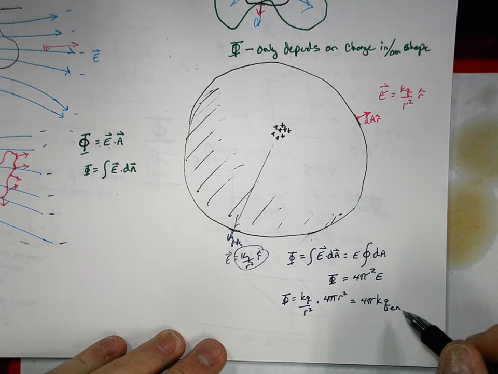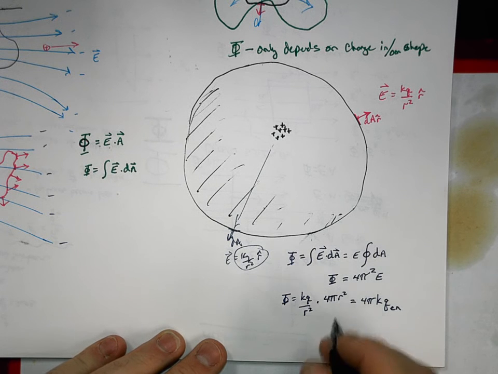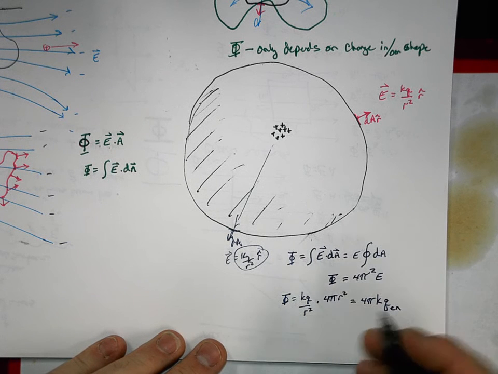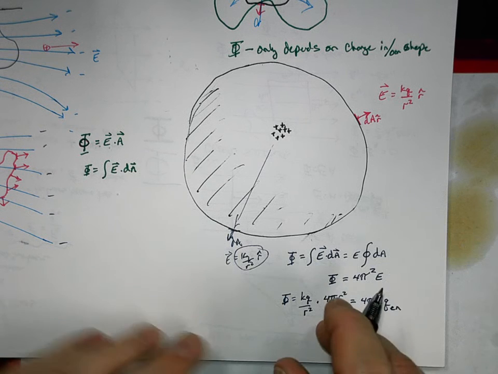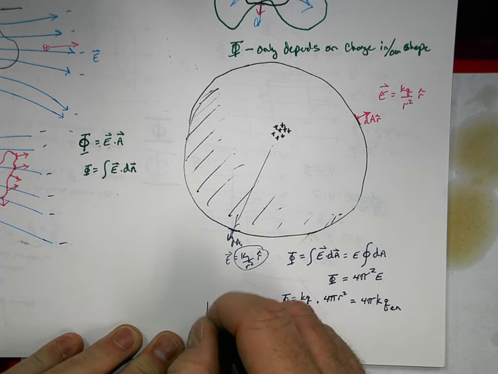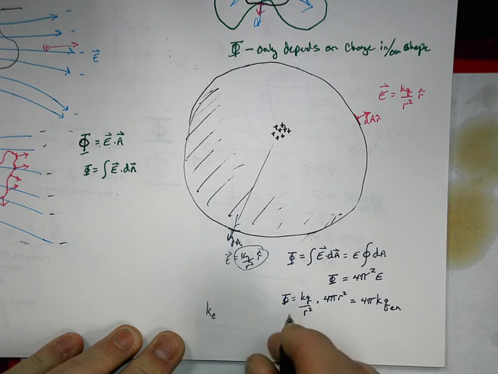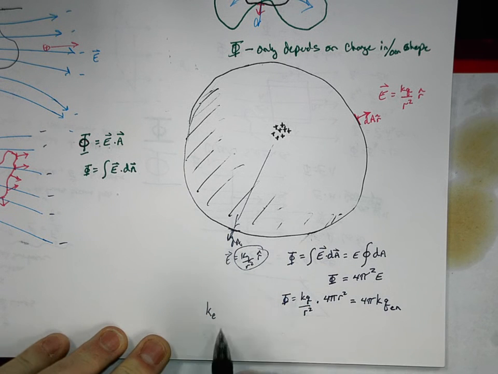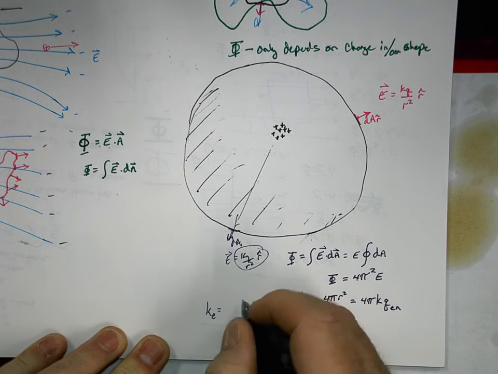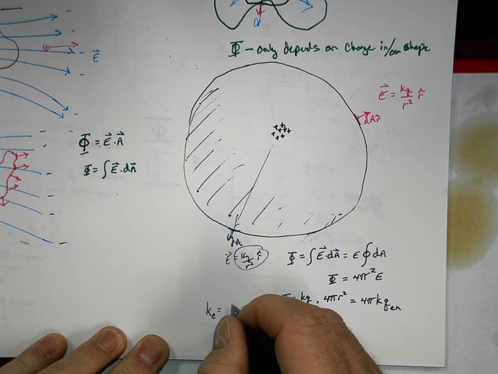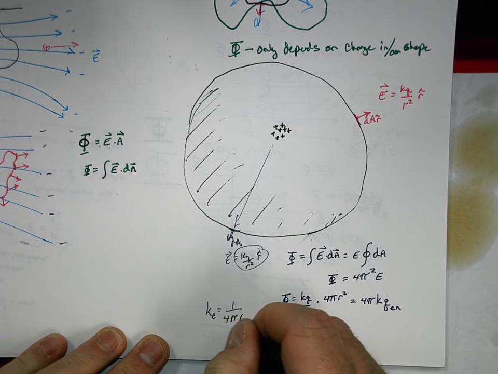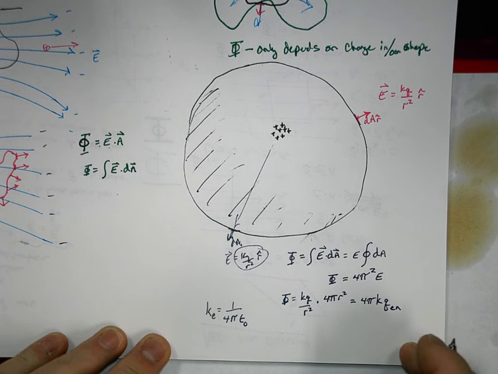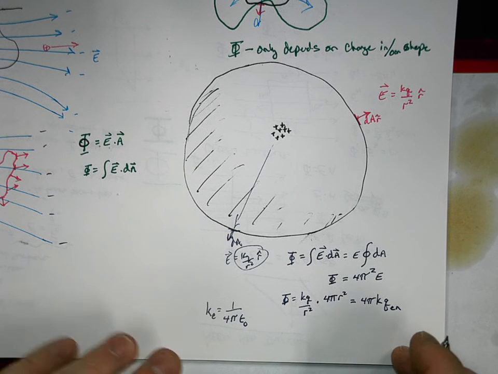Now, if you remember, I told you we'd be getting this today: k equals 1 over 4 pi epsilon naught, which is the permittivity of free space.